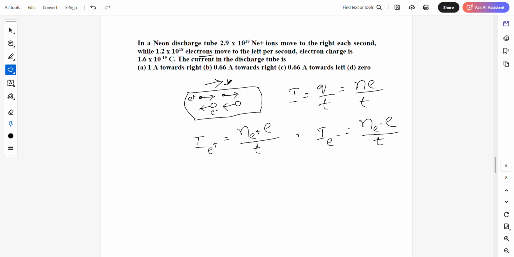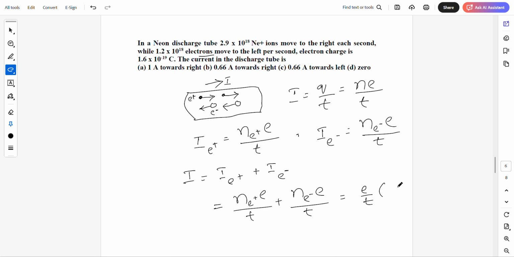Now what is the total current? Current will always flow opposite to the electrons. I is equal to I plus plus I minus. Add up: N plus e by t plus N minus e by t. Take e by t as common, so I is equal to e by t times (N plus plus N minus).